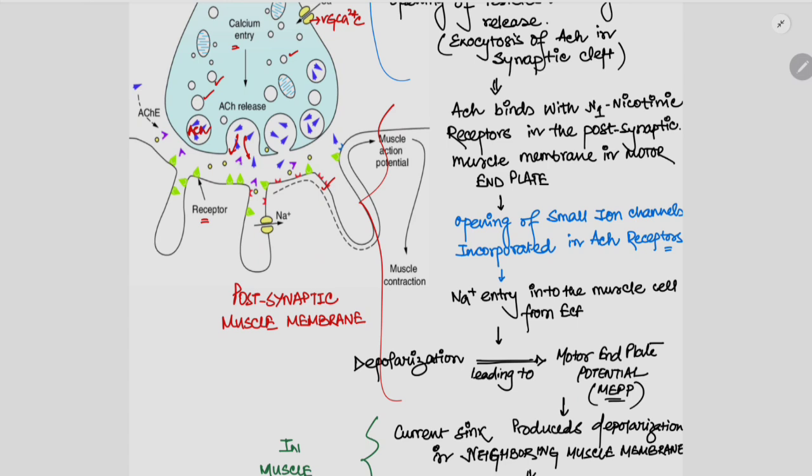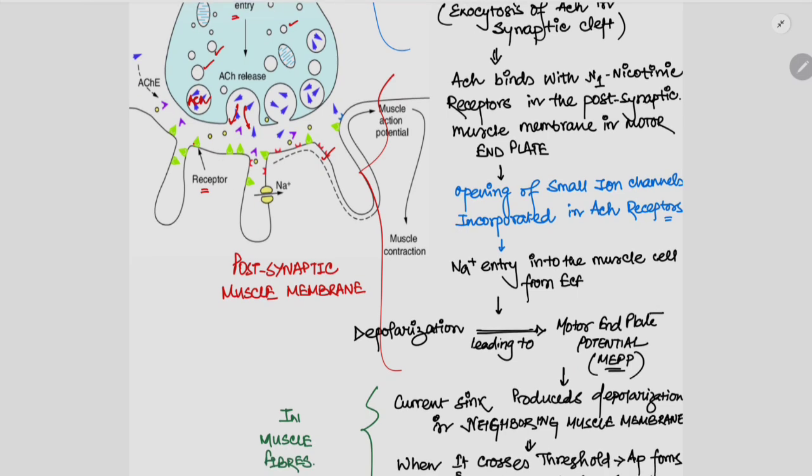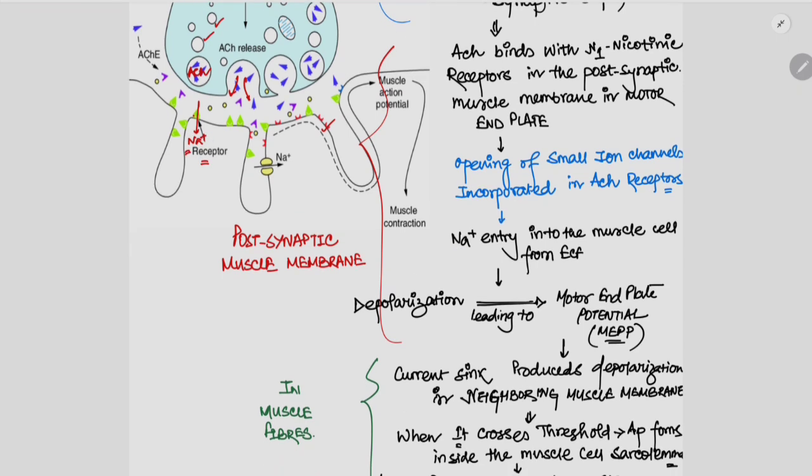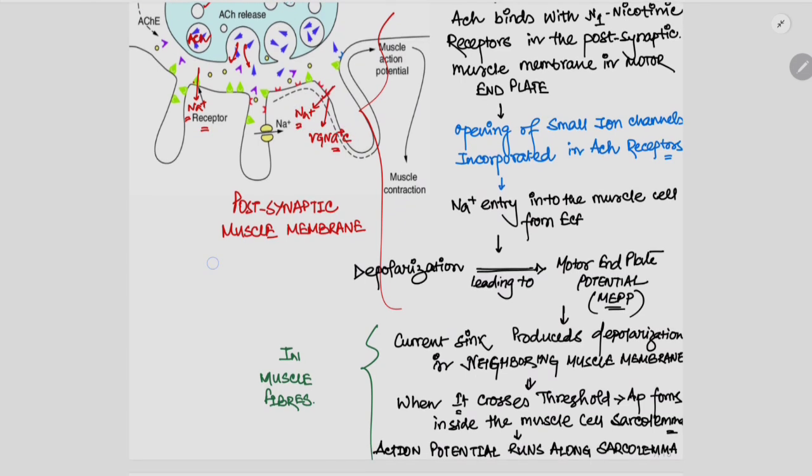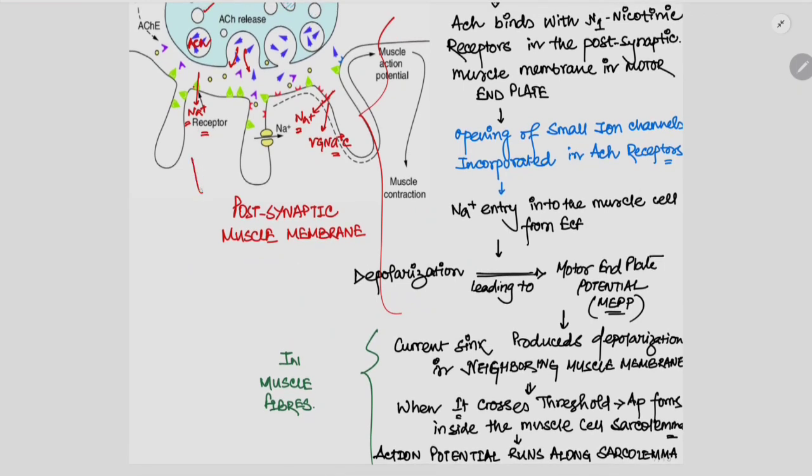So acetylcholines bind with them, and there is entry of sodium ions from ECF, and also there are voltage gated sodium channels through which after some time sodium enters. So there is a summation of the potential, which leads to depolarization, right? And the production of the motor end plate potential, right?